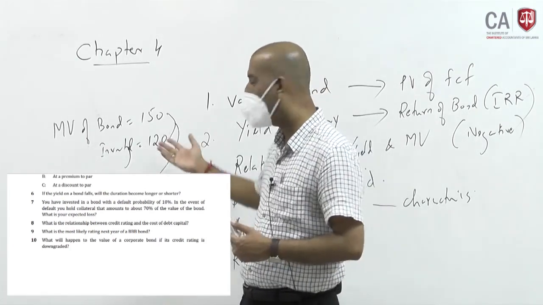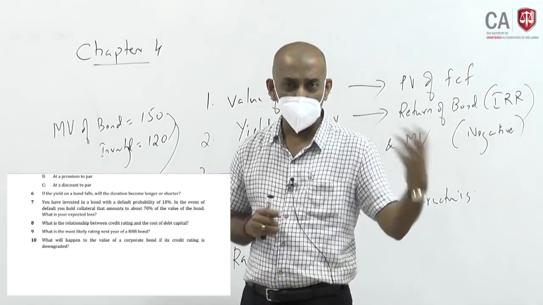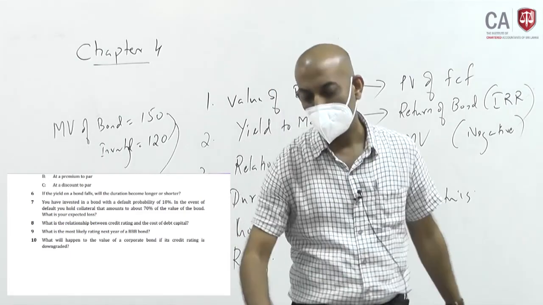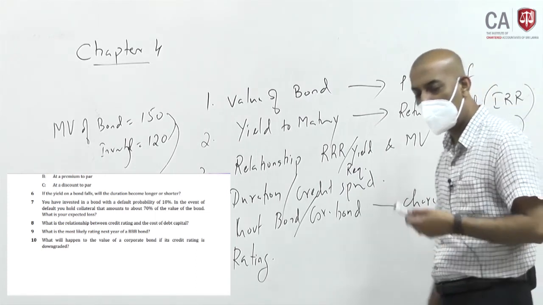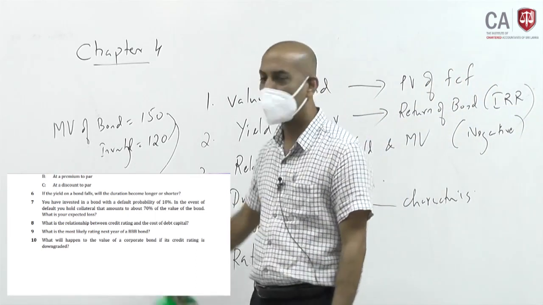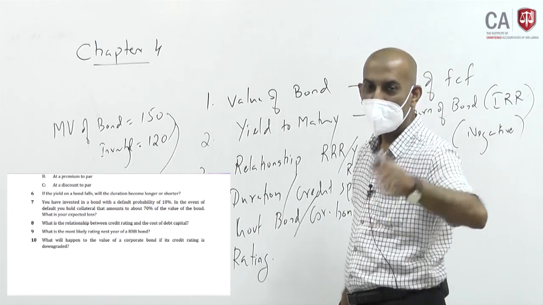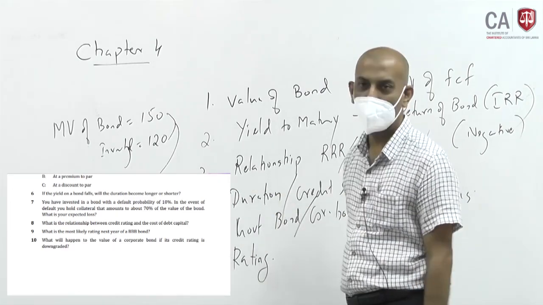You bought it at 120, and the market value of the bond in 1 week's time or 1 year's time has come down to 110. Then 10 rupees lost, that's capital loss. So in terms of the bond, apart from the interest or return, capital gain or capital loss can also take place based on your market value and the value of the bond you are carrying. The difference between that is capital gain or capital loss.